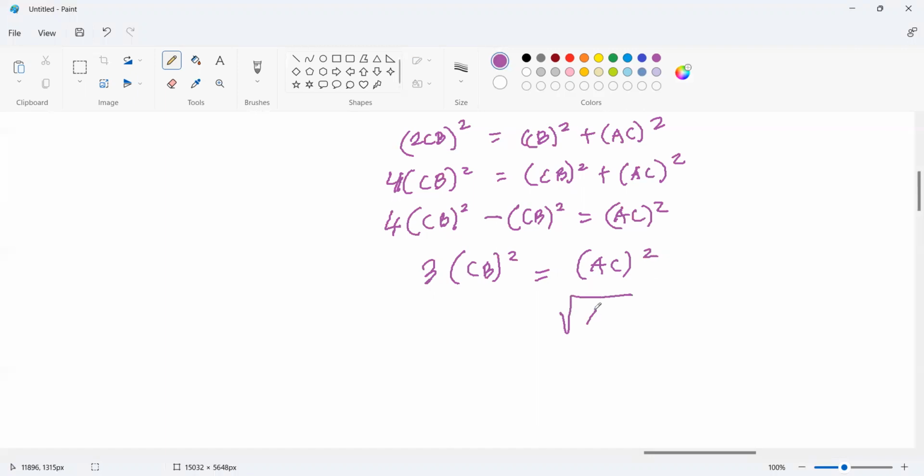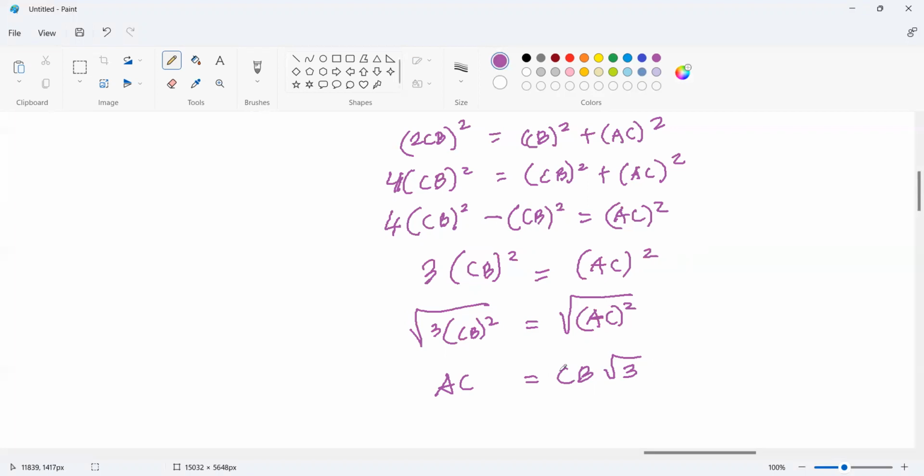We take the square root on both sides, so the square cancels with the square root. AC is equal to CB square root of 3. So this is the hypotenuse.